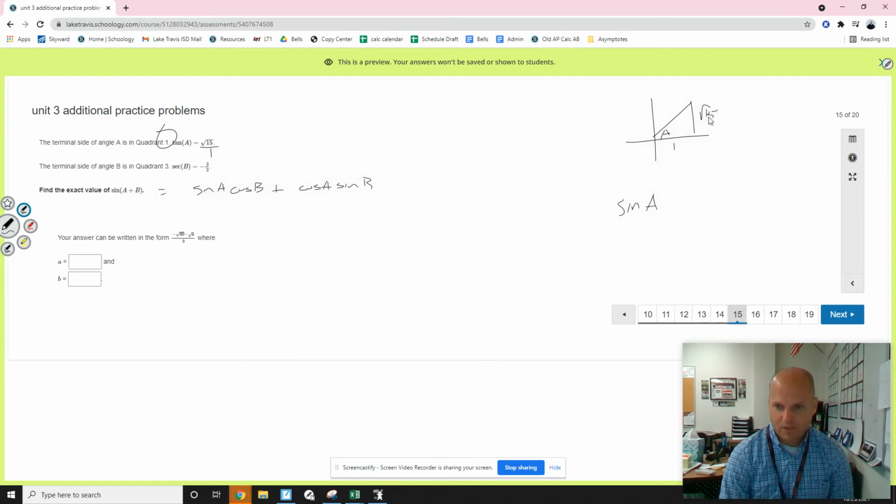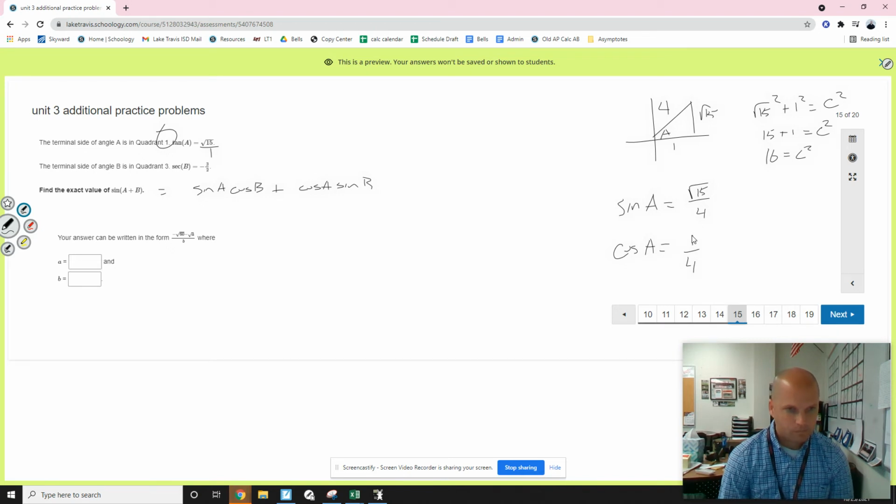Well, sine's opposite over hypotenuse. Well, we have to find the hypotenuse. Use the Pythagorean theorem to find the hypotenuse. I get 15 plus 1 equals C squared. So C squared's got to be equal to 16, so C is 4. So the sine of A is root 15 over 4. I need to find the cosine of A because I have cosine A right there. Cosine of A is 1/4.